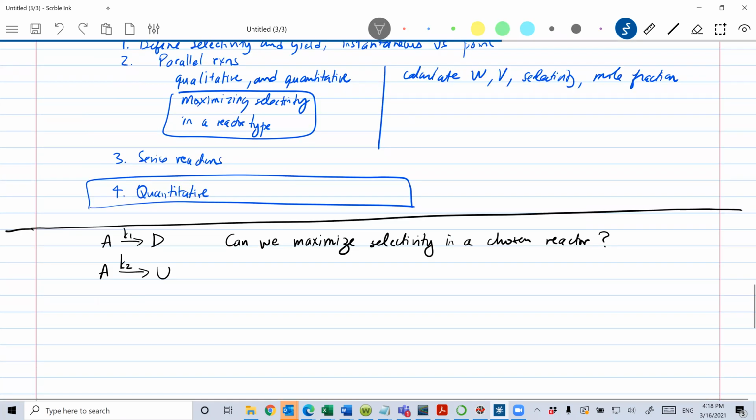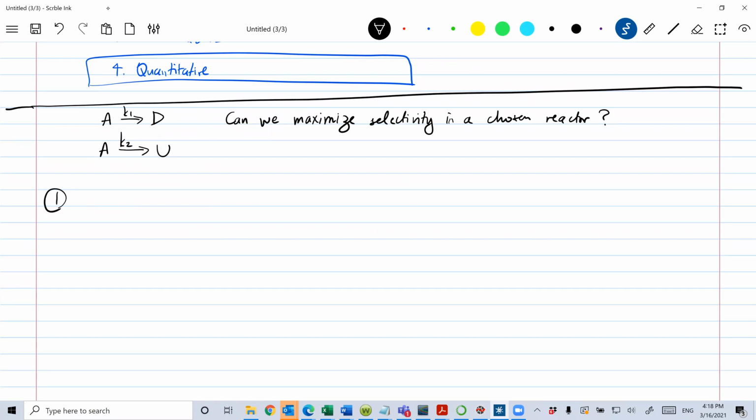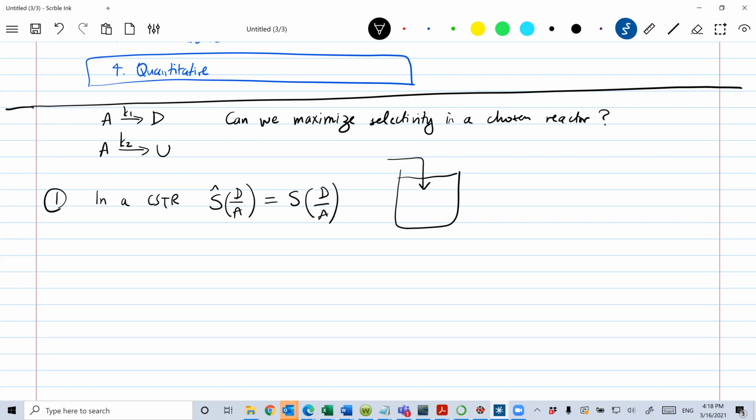So before we go, first question, very important. In a CSTR, S hat of say D over A, let's say this is selectivity of D with respect to how much A is in there, is equal to S of D over A. The reason is because this is well mixed. This is your well mixed CSTR, right? The concentration of A, so you have A coming in, and then at out you have CD and you have CU.